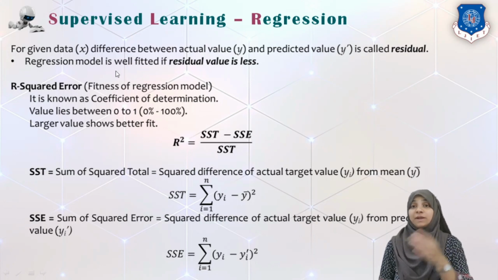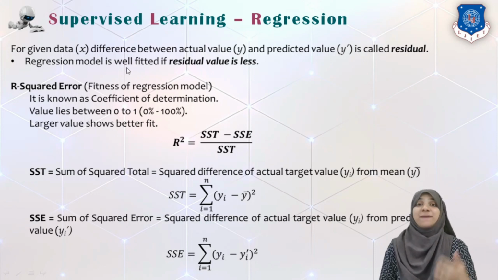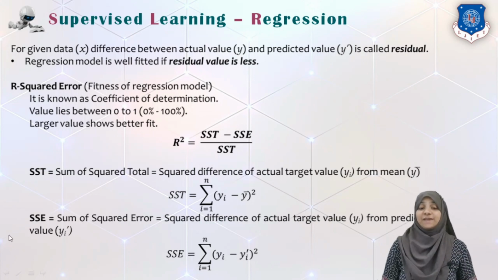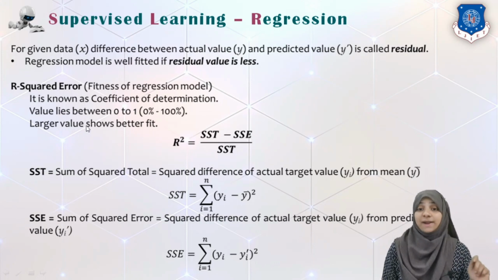So if we have multiple regression models, the model which has the lesser residual value will be considered the best regression model out of the given models. Now one measure of goodness for regression is R-squared error or residual squared error.